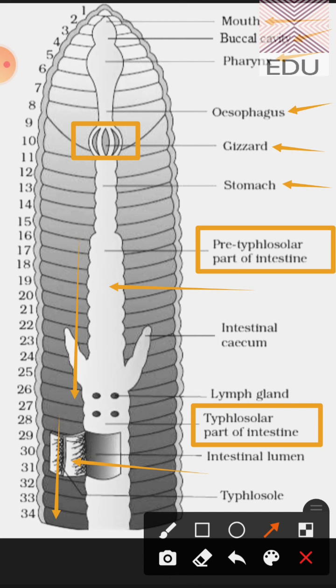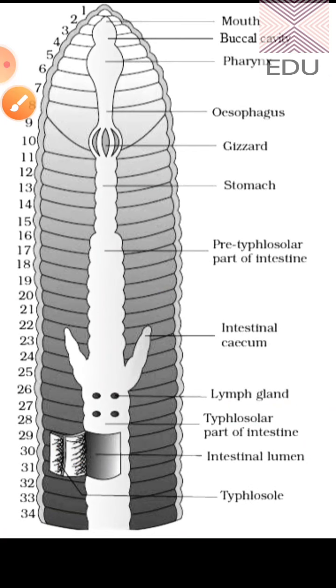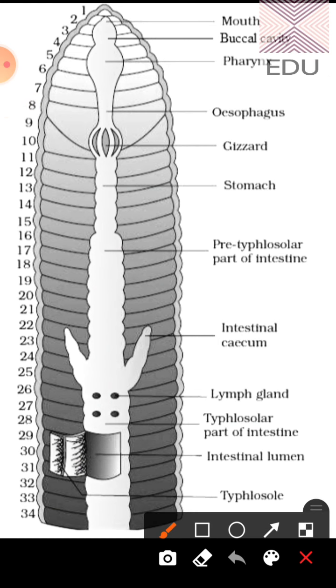Now students, we are taking up the digestive glands of this animal. In the digestive glands, the very first gland is present in the pharynx. They are called the pharyngeal mass or pharyngeal glands, and they are present on the pharynx roof.